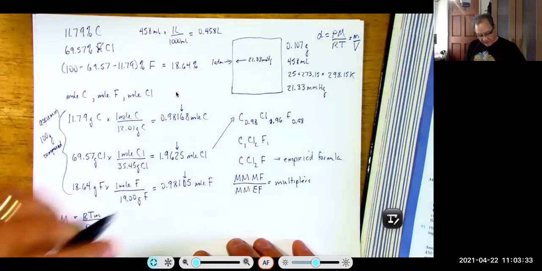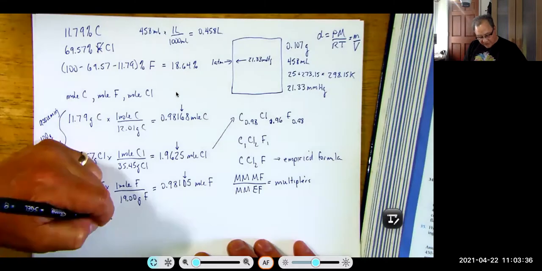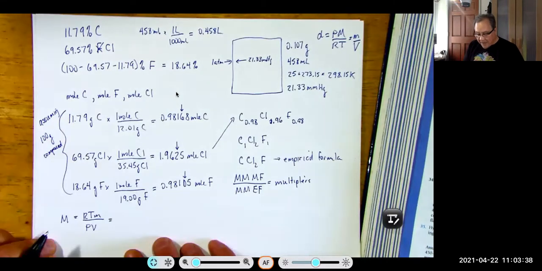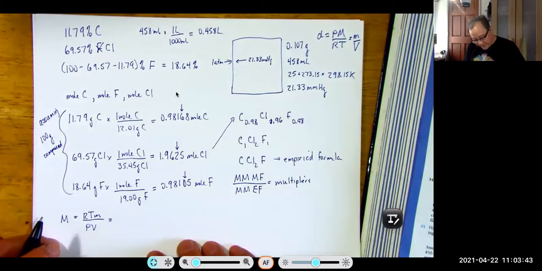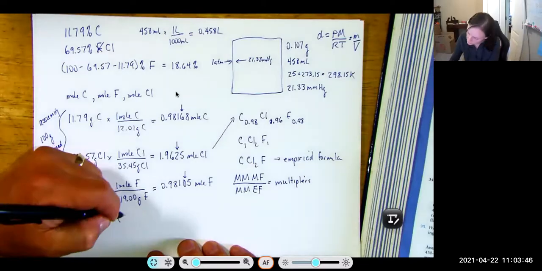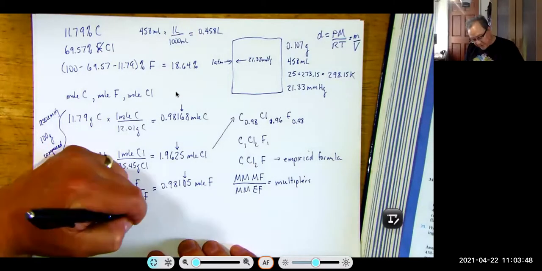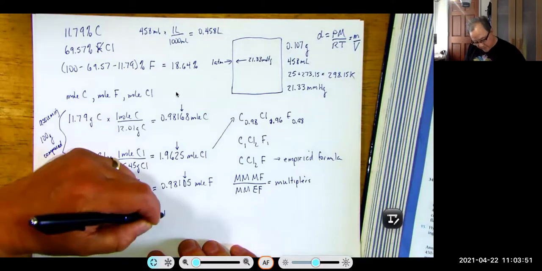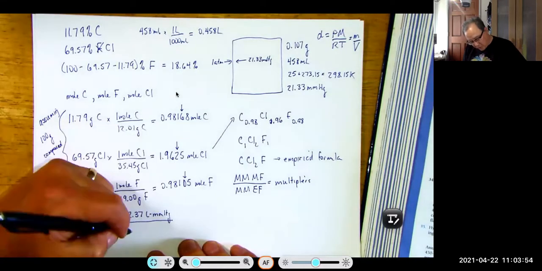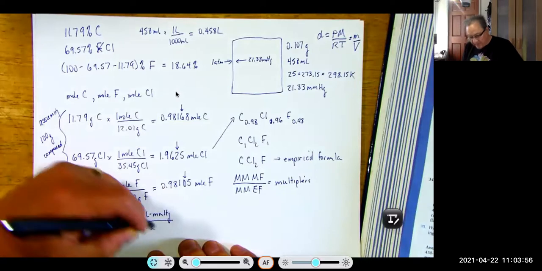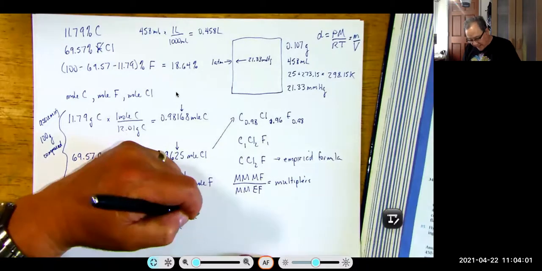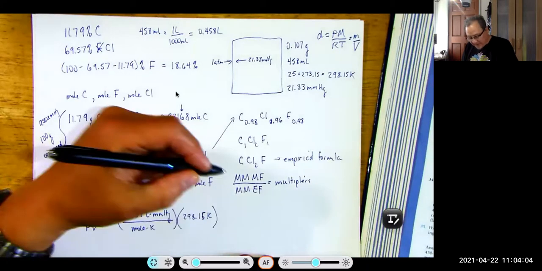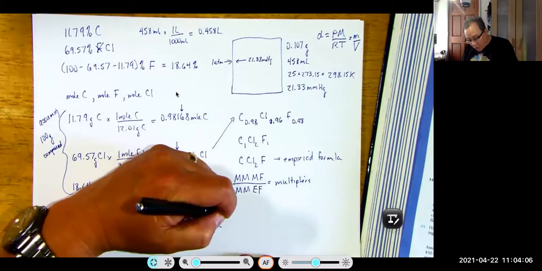So now we just do sort of a plug and chug. Since we're using millimeters of mercury, I want to use the R with millimeters of mercury, right? Yeah. So 62.37 liters millimeters of mercury per mole per K. The temperature is 298.15 K. The mass is 0.107 grams.